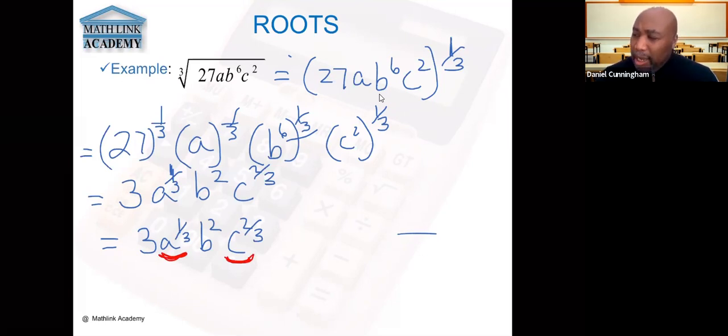As I underline what's in red, I'm going to combine them since they have the same fraction of a third. So another way to write this answer: 3. The 3 is okay, and the b squared is okay. You agree with me? It's those other two that we work on.